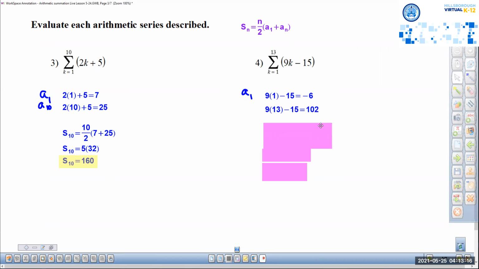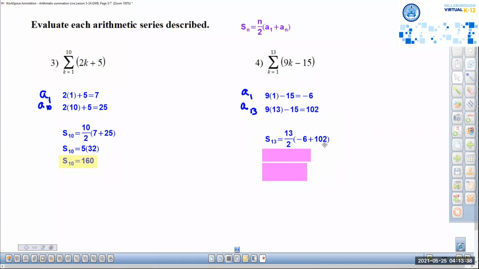So that is 117 minus 15 gives you 102. And that is your a sub 13. So now plug into your formula. Your n is 13. So 13 divided by 2, your first term is negative 6.